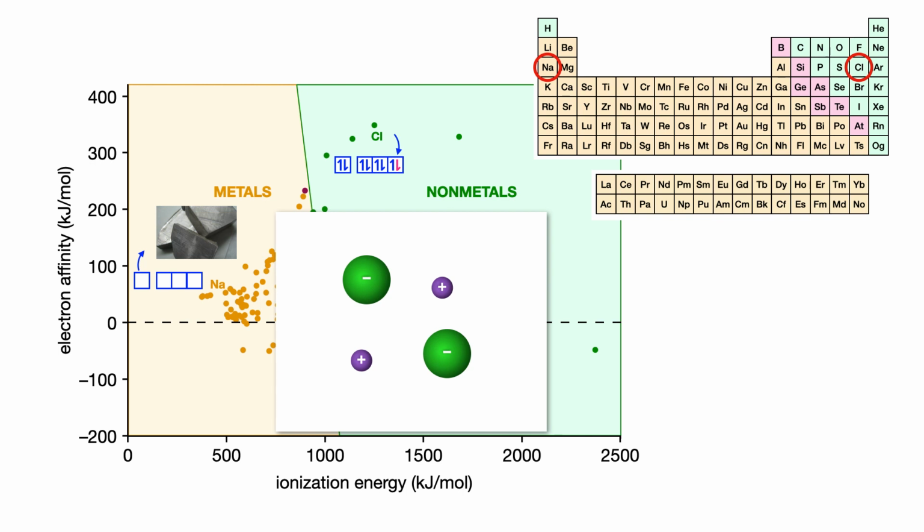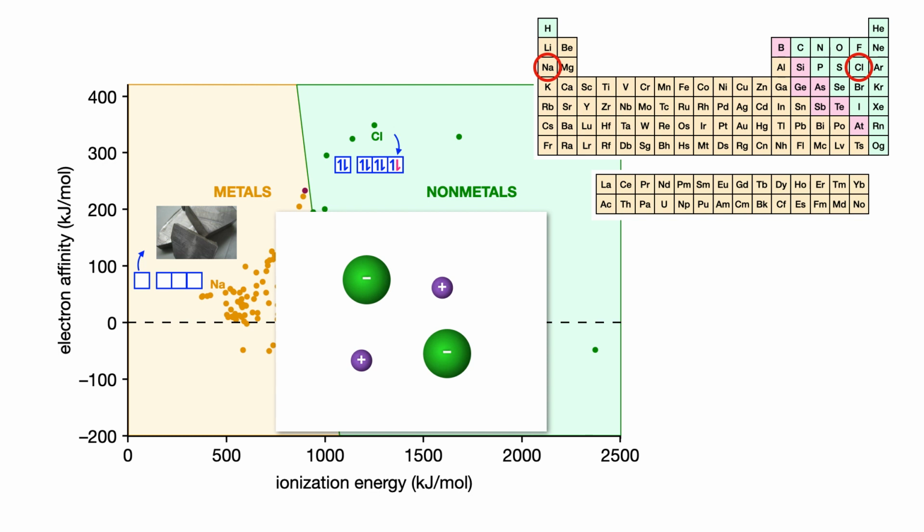And so now you've got ions. The sodium atoms have fully lost their valence electron, forming positive sodium ions. The chlorine atoms have taken on an additional electron, forming negatively charged chloride ions.